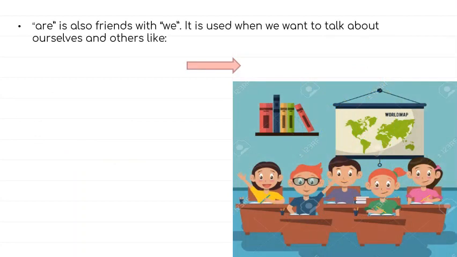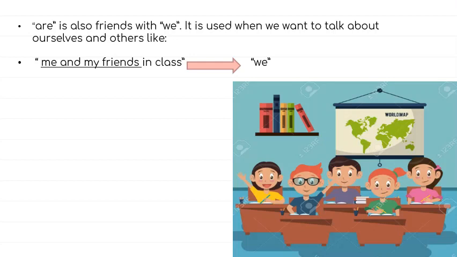Are is also friends with we. It is used when we want to talk about ourselves and others also. We don't use it to talk only about myself. So, instead of saying me and my friends in class, it's a very long sentence.